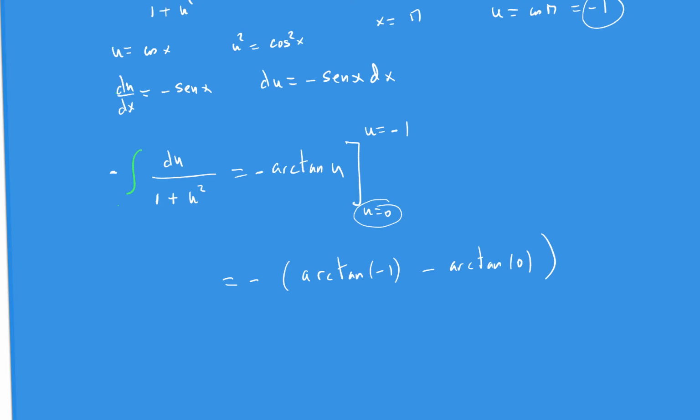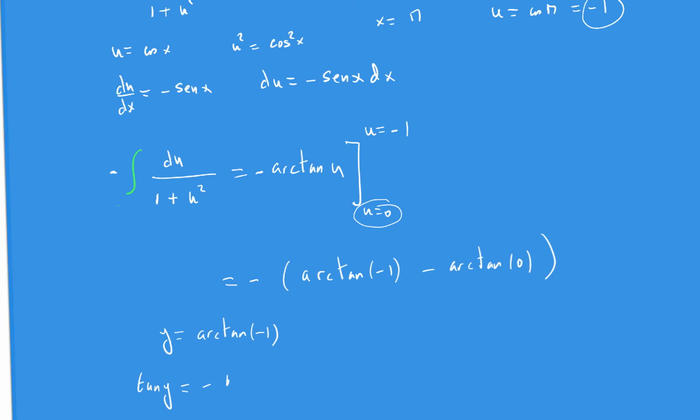So name y equal arctangent of minus 1. So we apply tangent of y will be tangent of arctangent of minus 1. It will be minus 1.